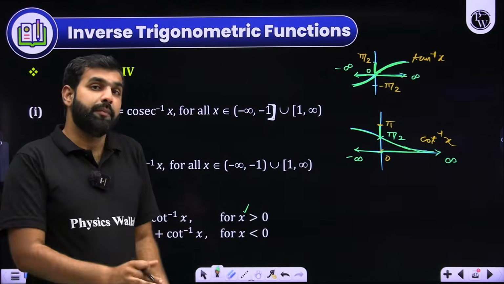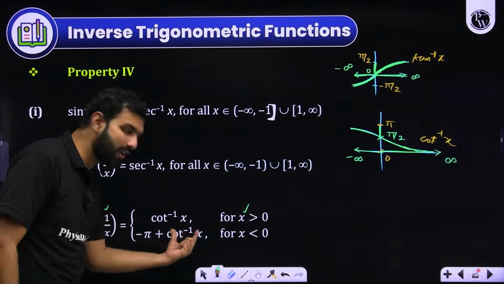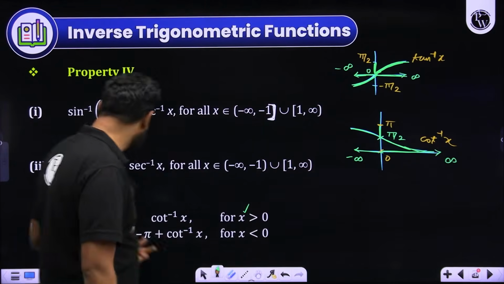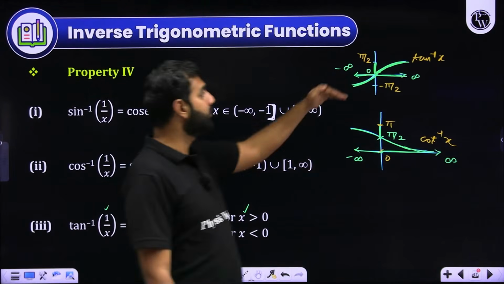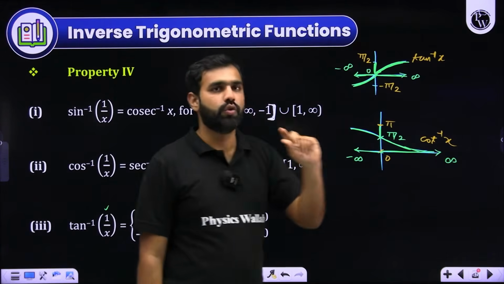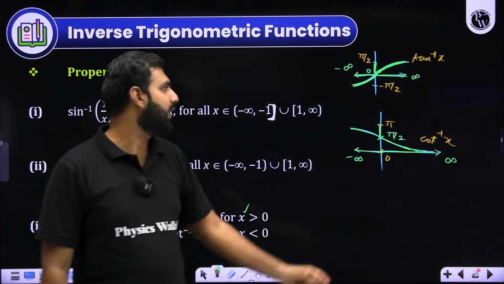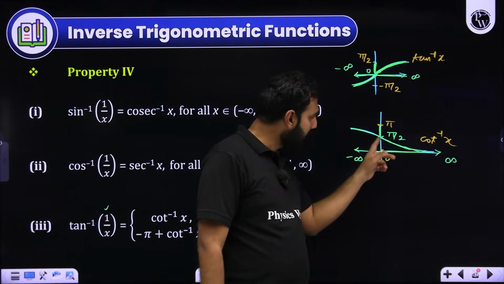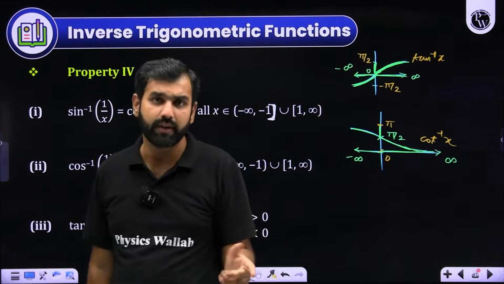So how is it possible? Can you find any value between minus pi by 2 to 0 which is equal to a value from pi by 2 to pi? No, of course we cannot, and that's a problem.